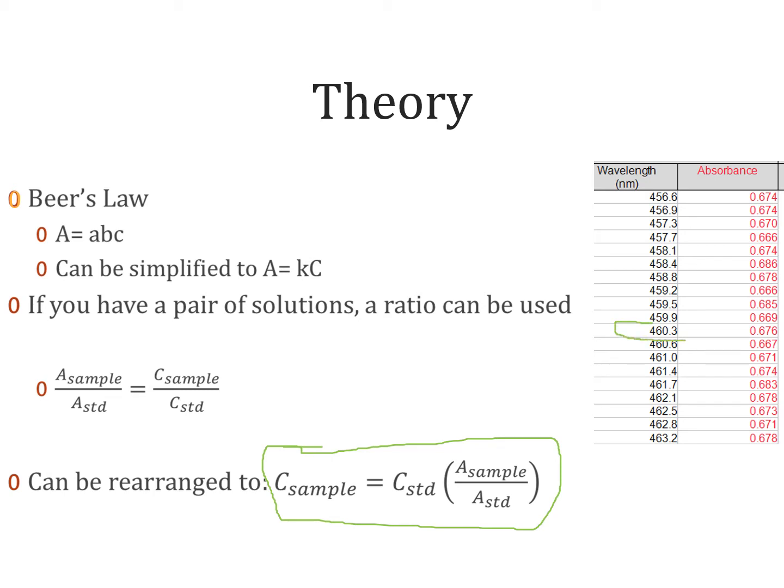Let's just use the 460.3 for now. And the absorbance value that you will be using in this case, for example, is the 0.676. So you will receive files for the standard and then for the 5 different samples. And make sure that you are using this absorbance value, the 0.676, at the 460 nanometer wavelength.